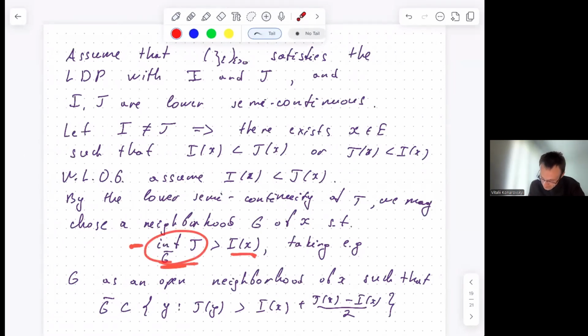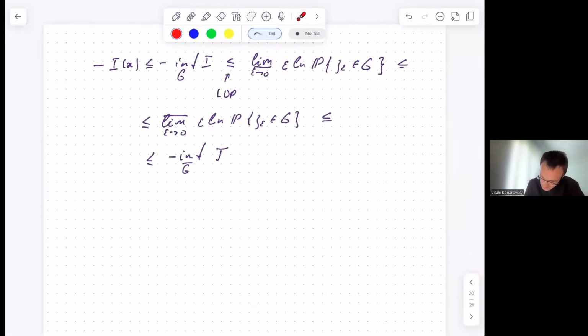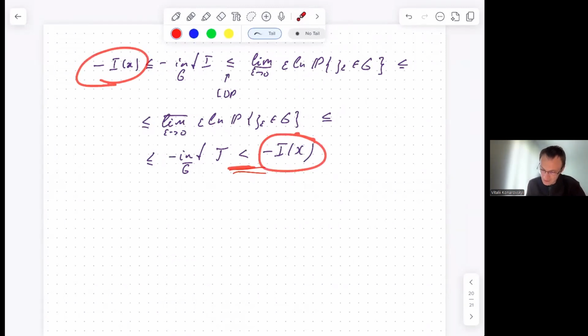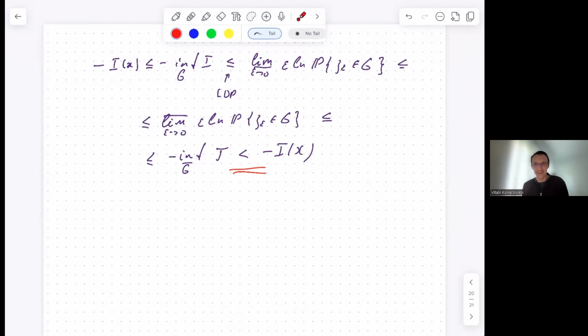So therefore, minus infimum is smaller than minus I of x, and you can continue the estimate and say that it is smaller than minus I of x. And you get the contradiction, because you started with minus I of x, you got minus I of x, and somewhere between you got a strictly smaller sign. Then, of course, this gives the contradiction.